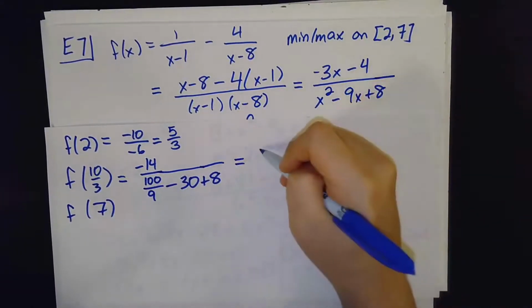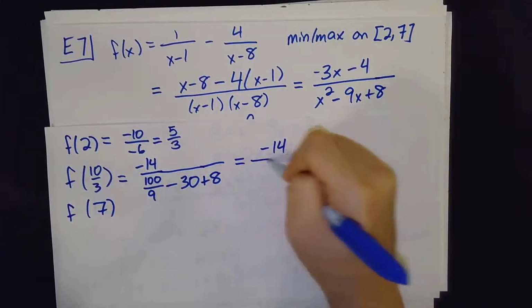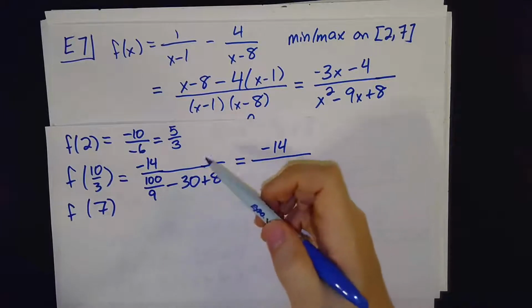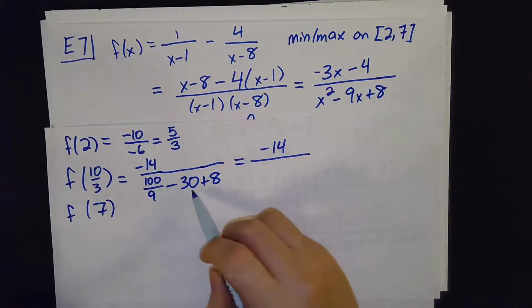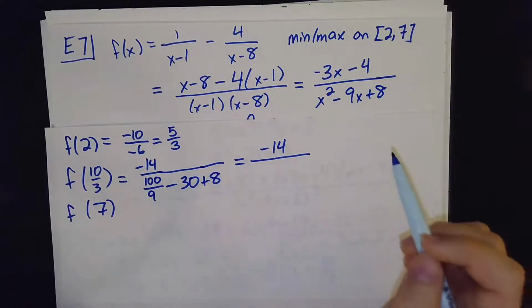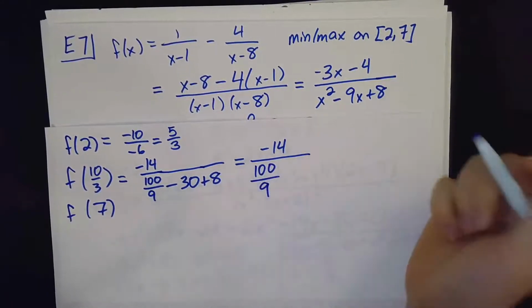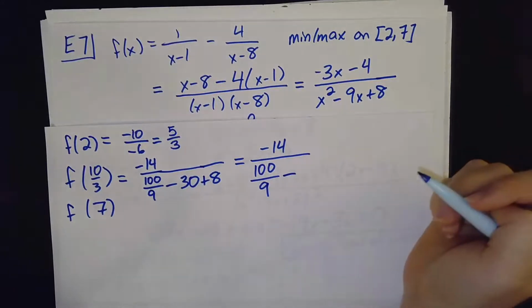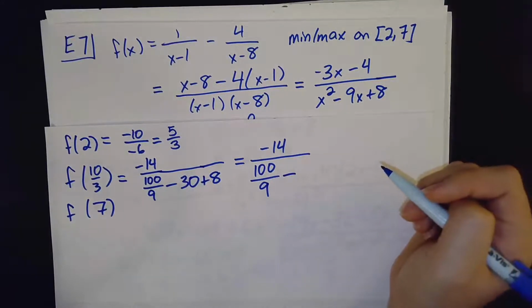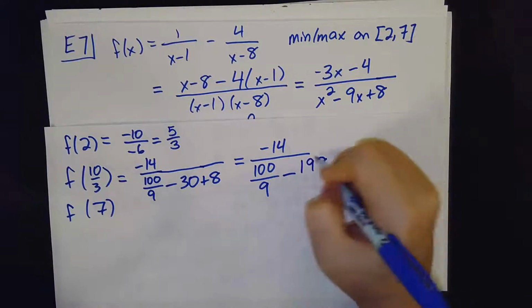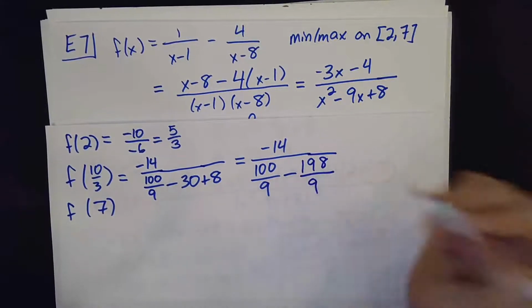Okay, so this is minus 14 divided by, if I put minus 22 over 9, minus 198, I believe.